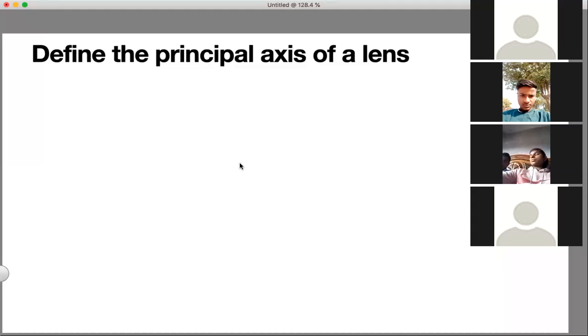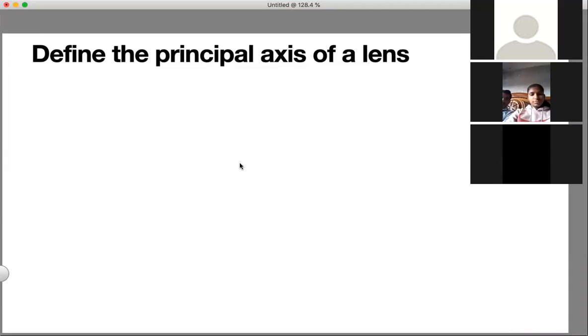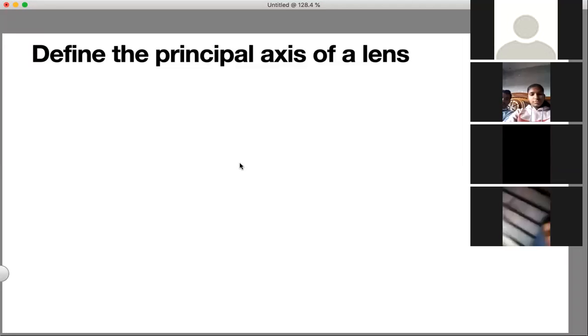Tanveer, Ayan, Tanisha, and Mayank. मैं बार बार क्यों कहना पड़ता है आपको? आपका हर क्लास में मुझे आपको कहना पड़ता है बार बार. Don't do that. Switch on your camera. Okay, I'll check again. In the meantime, please define the principal axis of a lens.